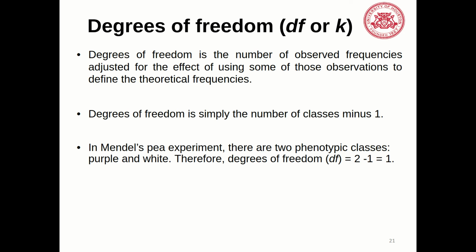If I had 4 different colors of peas, it would be 4 minus 1. Most of the time, we're either going to have 2 types or 3 types, and you're going to subtract 1 from it.